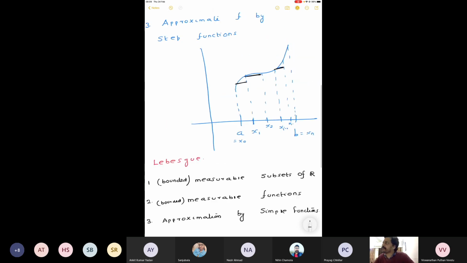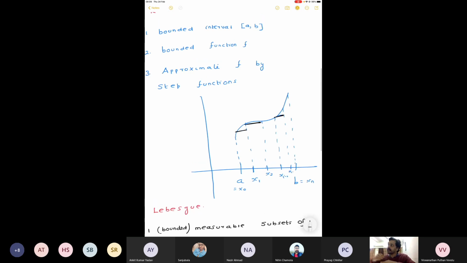To get a step function, you divide the total interval into a finite number of subintervals, and your step function is such that in each of these subintervals the function is a constant. We will mimic the same thing.